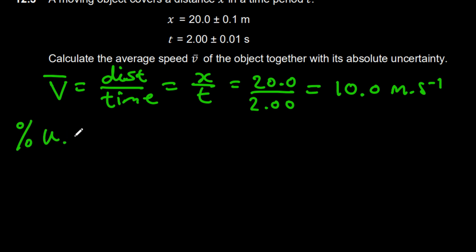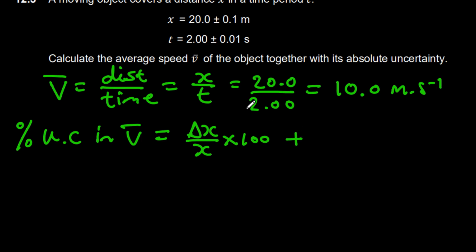So the percentage uncertainty in V bar will be the percentage uncertainty in X plus the percentage uncertainty in T. It's very important to write down this equation in the exam in order to get a mark for it. So we can plug in the values.